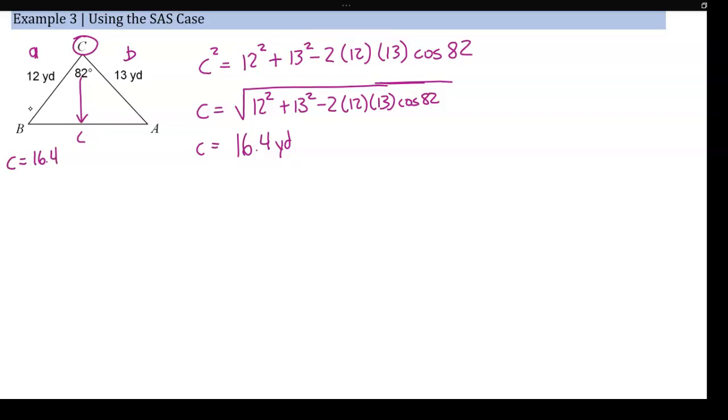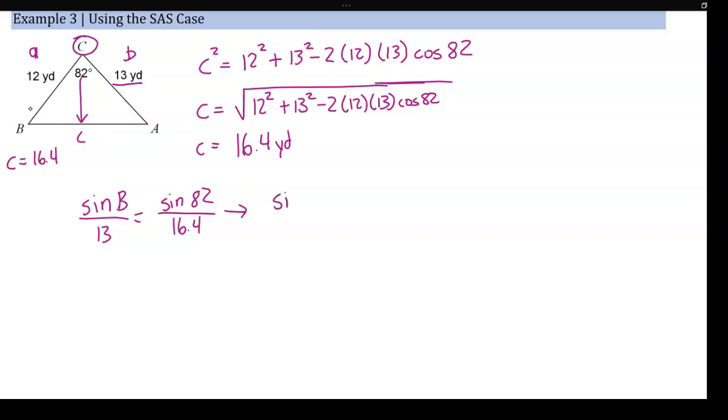And we now need to find either angle A or angle B. I say we next find angle B because B is the next largest angle. And to do that, we're going to have the sine of angle B divided by 13 equals the sine of angle C, which is 82, divided by side C, which is 16.4. This is going to imply that B, well, we won't skip any steps.